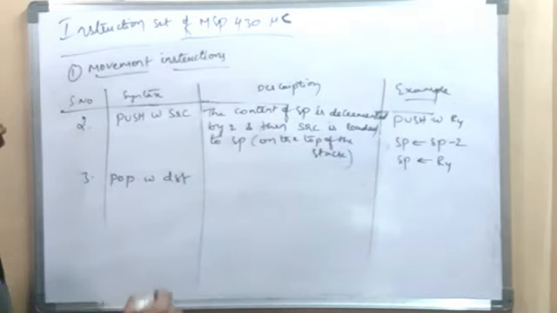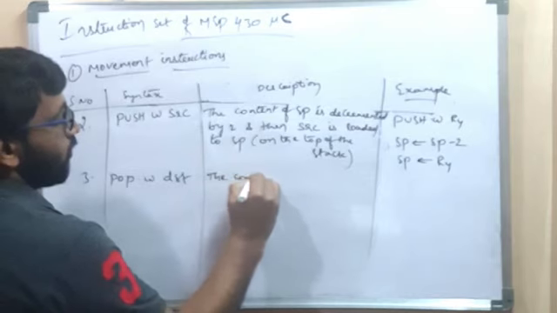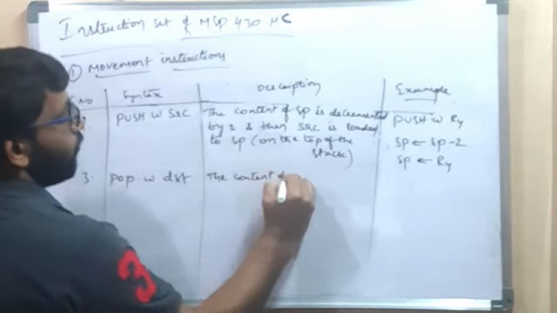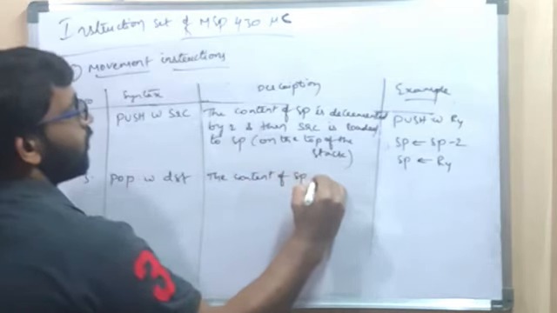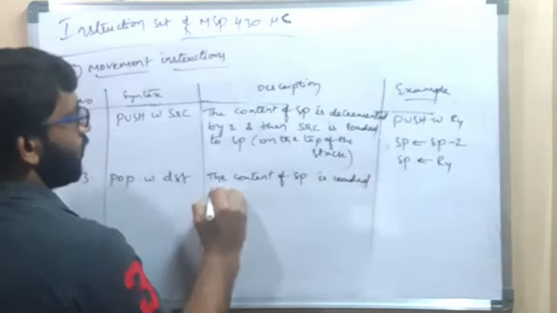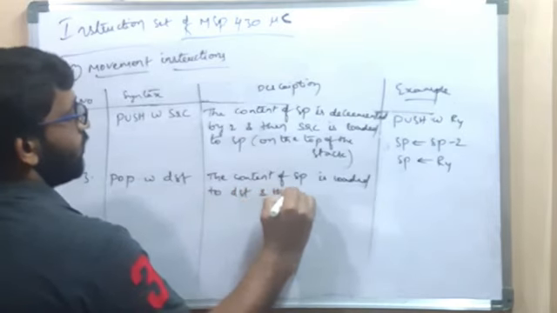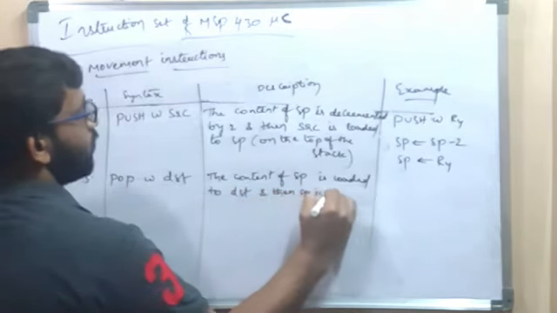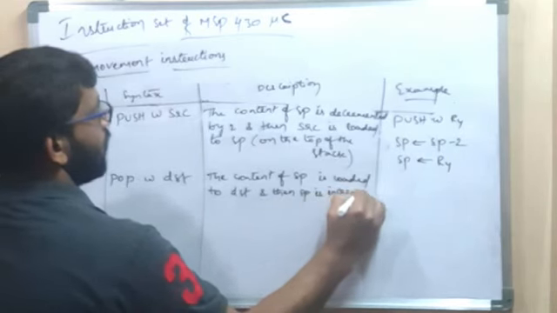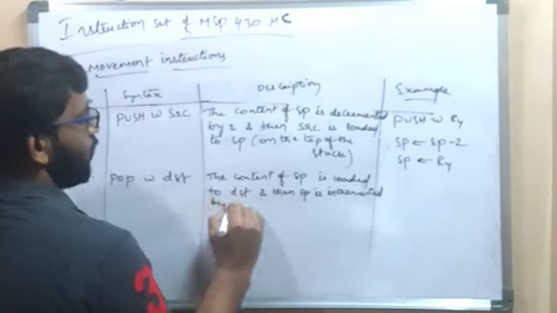Pop.w destination. Here what happens is, first the content of SP is loaded to destination, and then SP is incremented by 2.